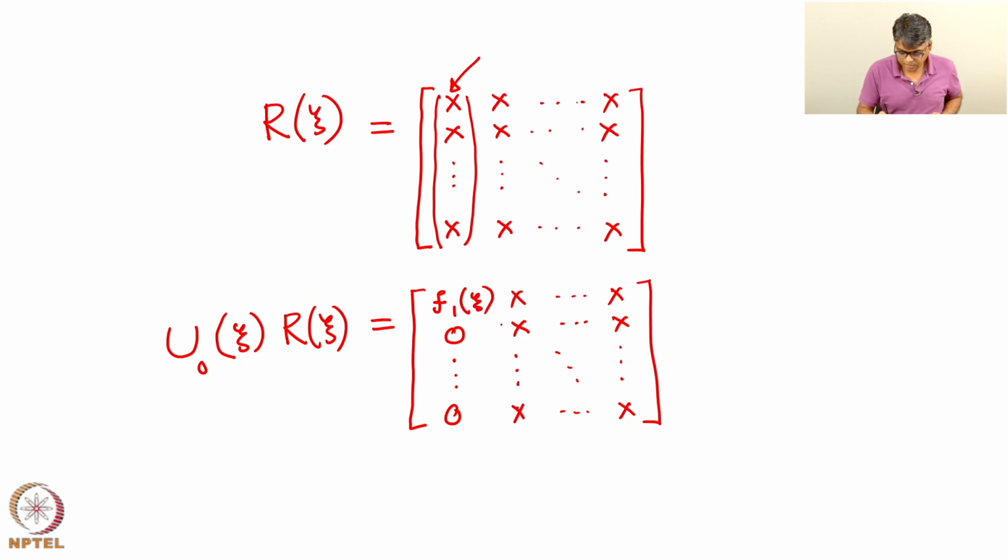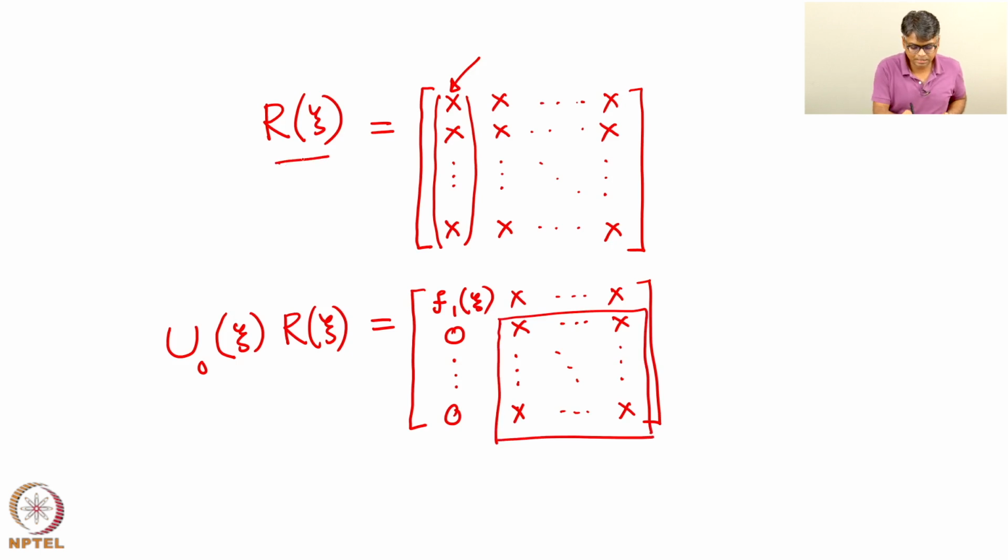Now, I look at this block. And in this block, once again, I do the search. Whatever I had done with this entire matrix R, now I do exactly the same thing with this smaller sized matrix, which has lesser number of rows and lesser number of columns, less by 1, right?